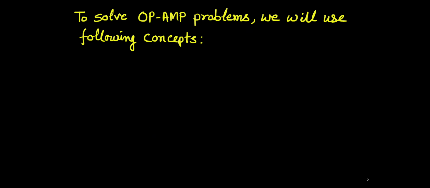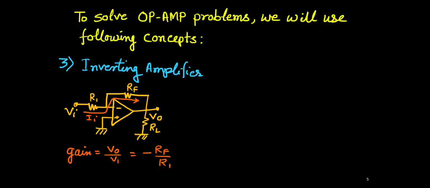And then the third one, the inverting amplifier. This is a standard one for which we can use the gain factor. There is negative feedback through RF, and if this resistance is R1 and this is RF, then the current II supplied by the source VI has to go through RF because no current enters the op-amp.